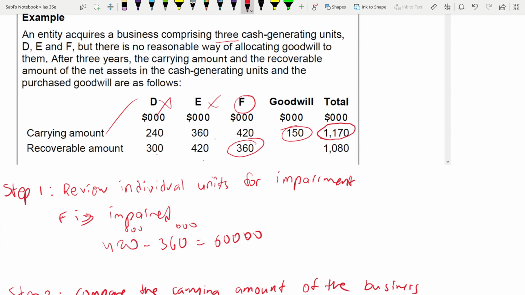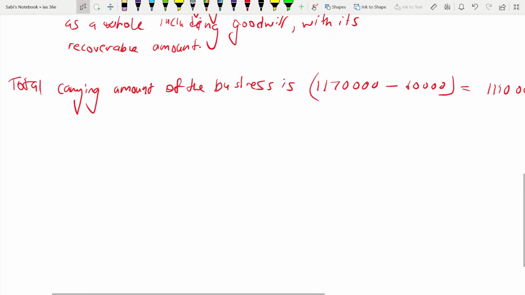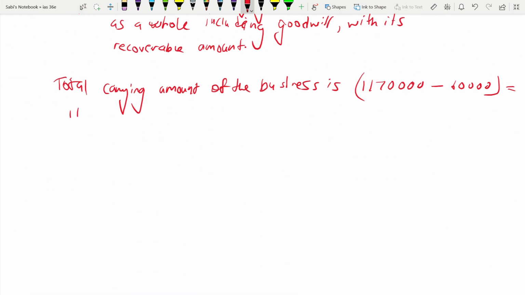How much? You have to compare it with this recoverable amount. Okay, the carrying amount now is 1110. Deduct this with recoverable amount, which is 1080,000, which is 30,000. You see the difference, 30,000. So you have to recognize further impairment loss of 30,000.